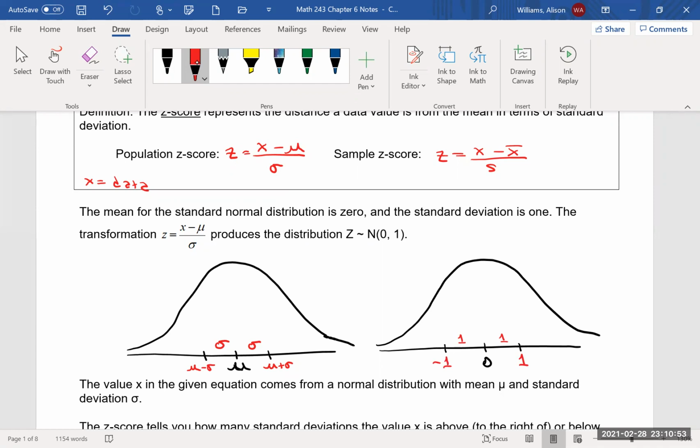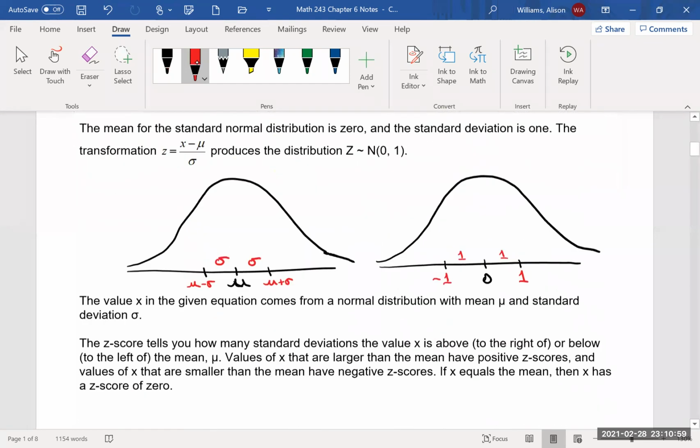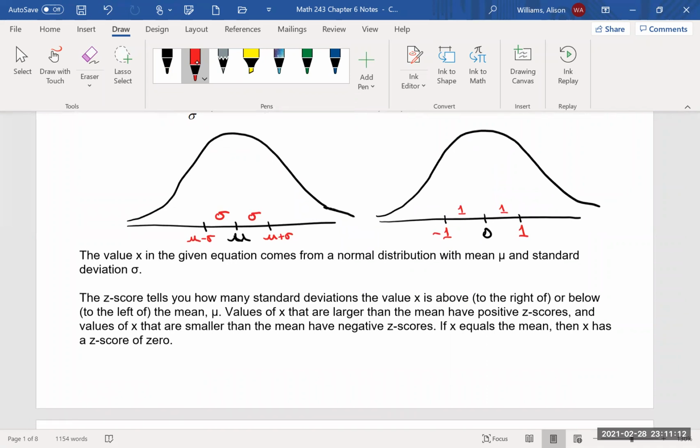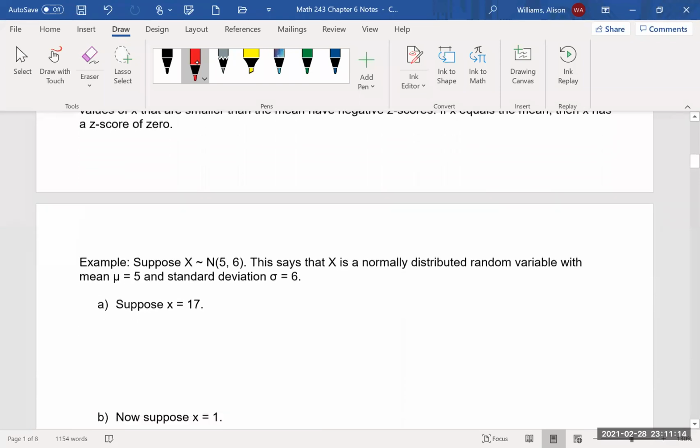We're talking about being one standard deviation above the mean and one standard deviation below the mean. This information about z-scores explains why we have negative versus positive. Negative means that we're below the mean. Positive means we're above the mean. We'll reinforce that idea in just a minute.